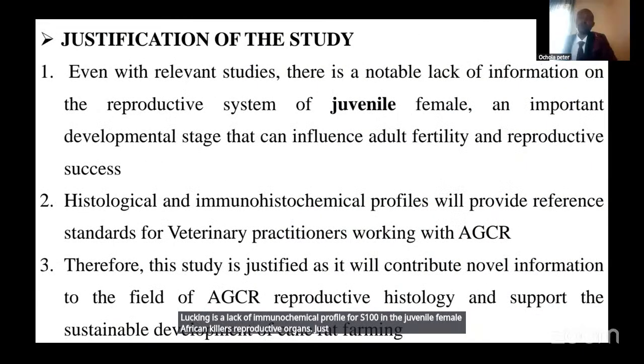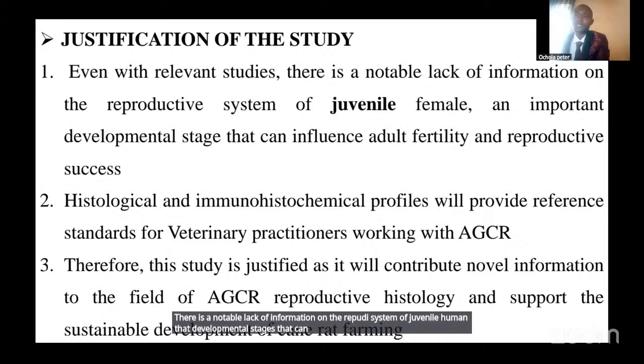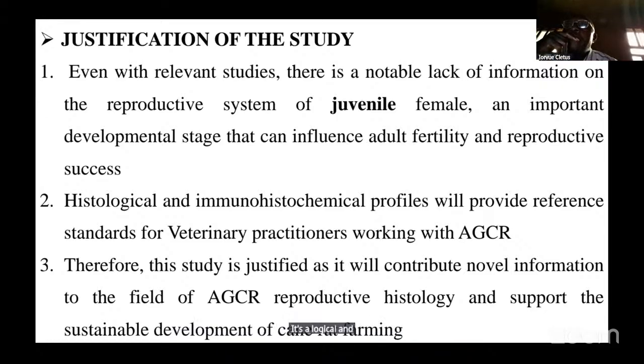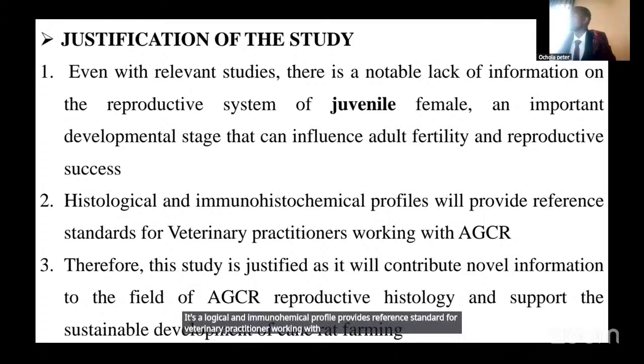Justification for the study. Even with the relevant studies, there is a notable lack of information on the reproductive system of juvenile female African greater cane rat developmental stages that can influence adult fertility and reproductive success. Histological and immunohistochemical profile will provide a reference standard for veterinary practitioners working with African greater cane rat.